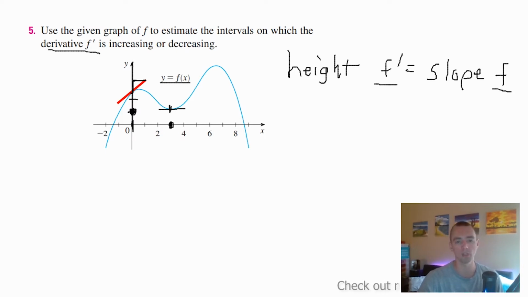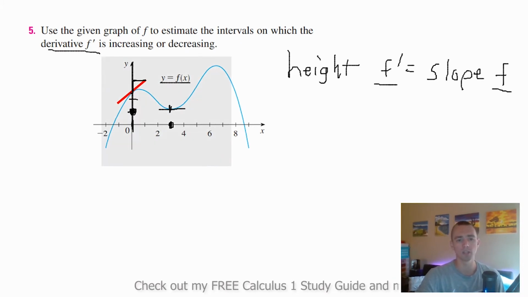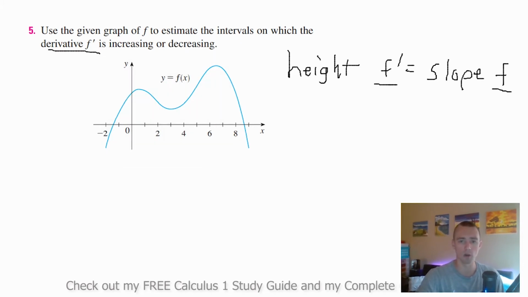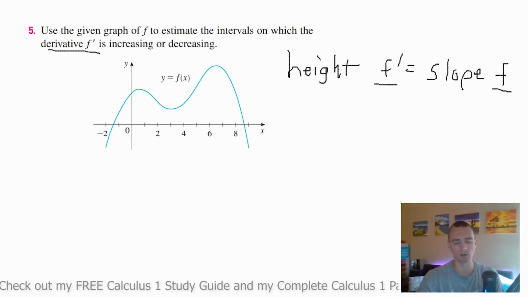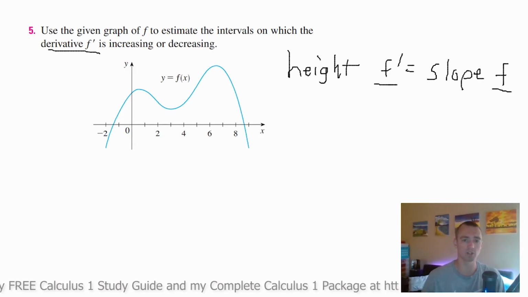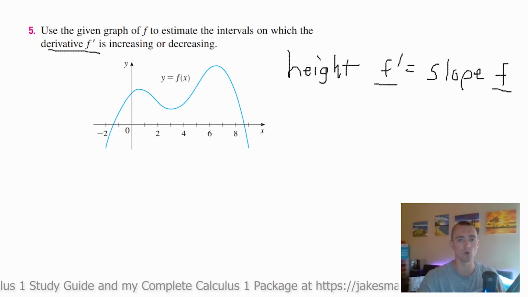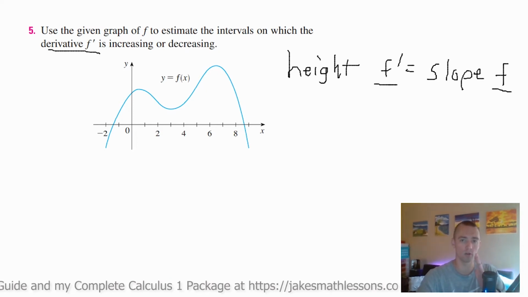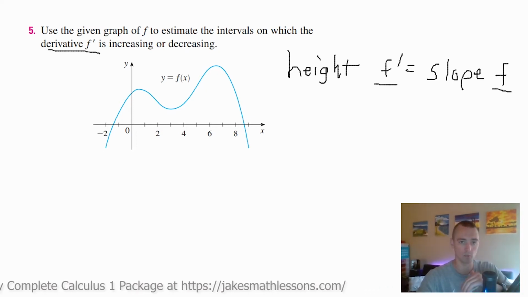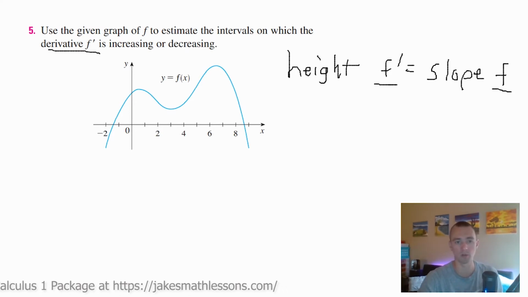But since we're just trying to figure out where f prime is increasing and decreasing, what we really need to look at is where the slope of f is increasing and decreasing. In other words, in what sections of f is the slope getting steeper upward, or less steep, or steeper downward, and so on and so forth.